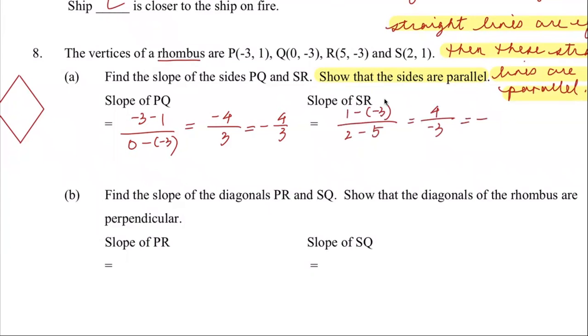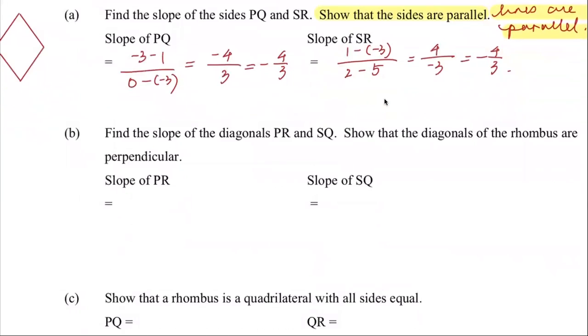So this is -4/3. So -4/3 and -4/3: the slope of PQ and the slope of SR are equal. So this tells us that PQ is parallel to SR. This symbol over here means parallel.